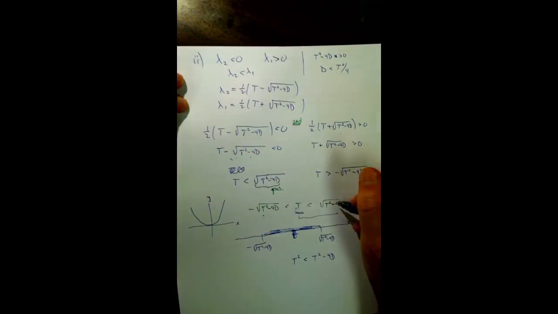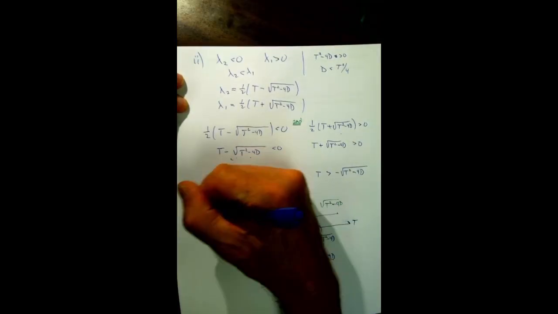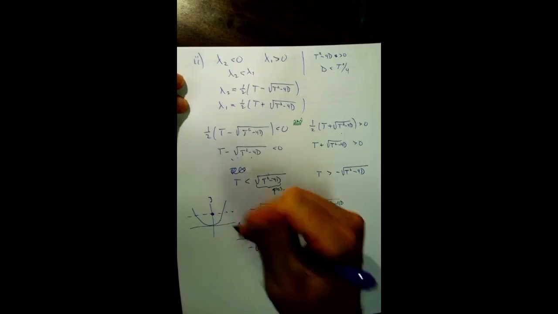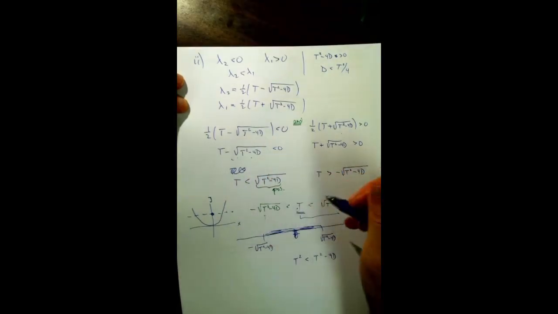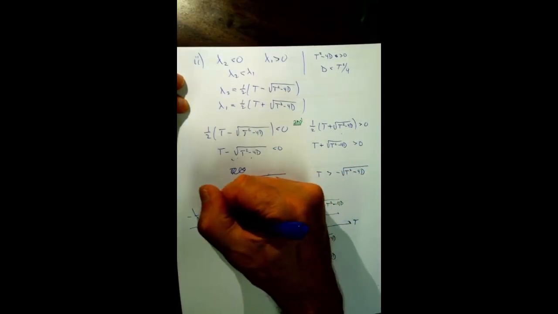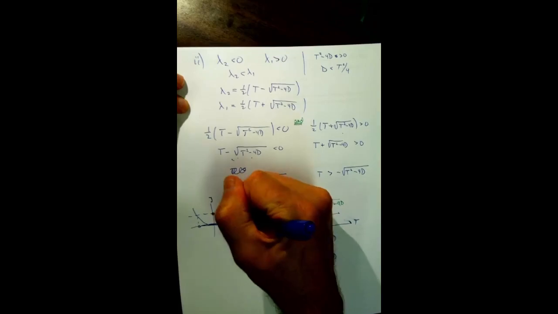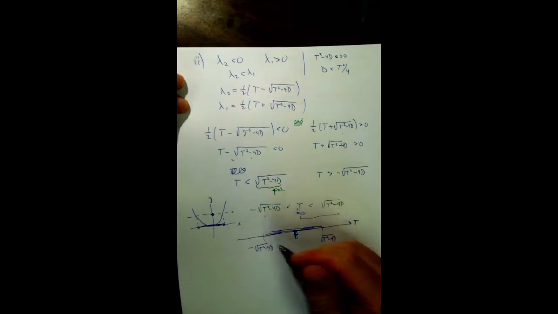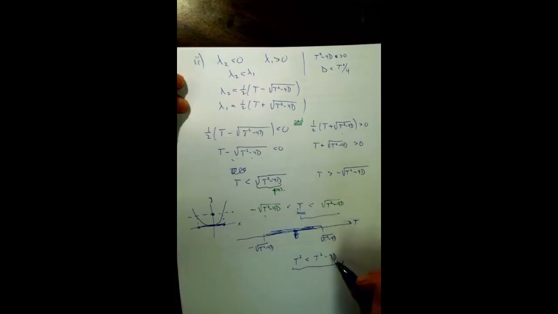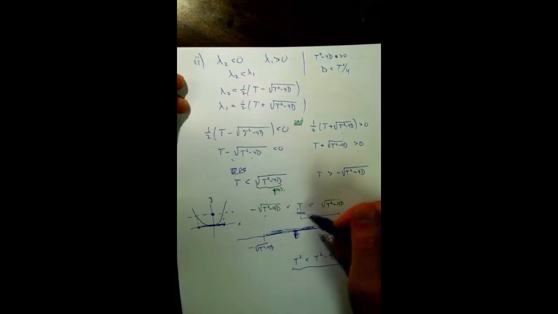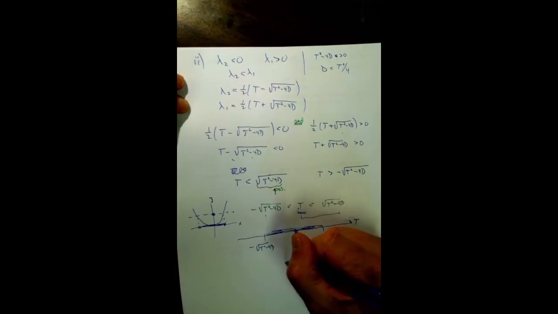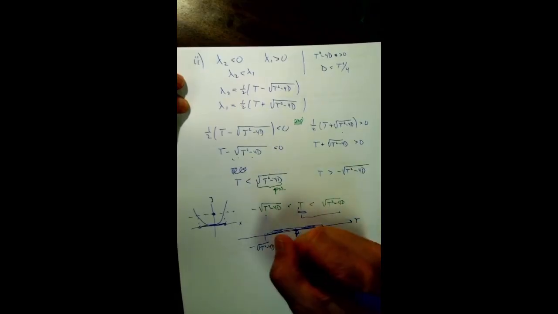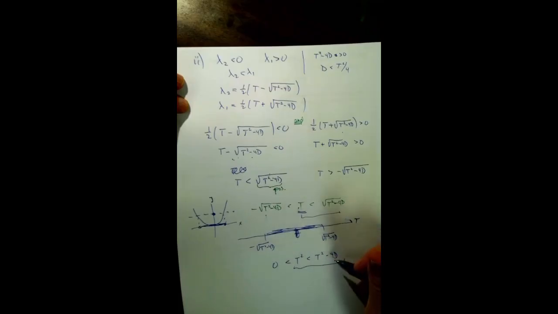right, so I've got square root of t squared minus 4d is some value here. And now that means that if I pick values in between here and here, they're always going to be below it. So this same thing has to be true when I square both sides. And notice because this is squared, this has to be greater than 0.